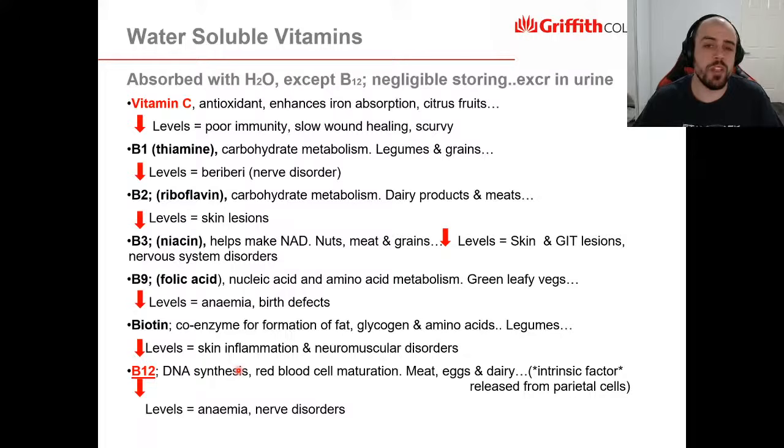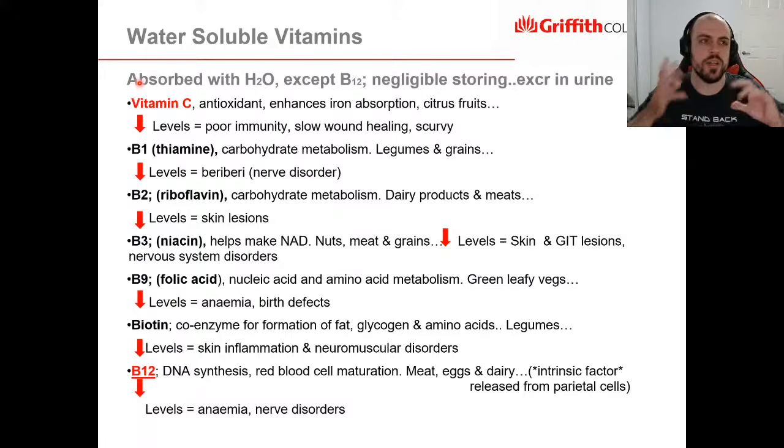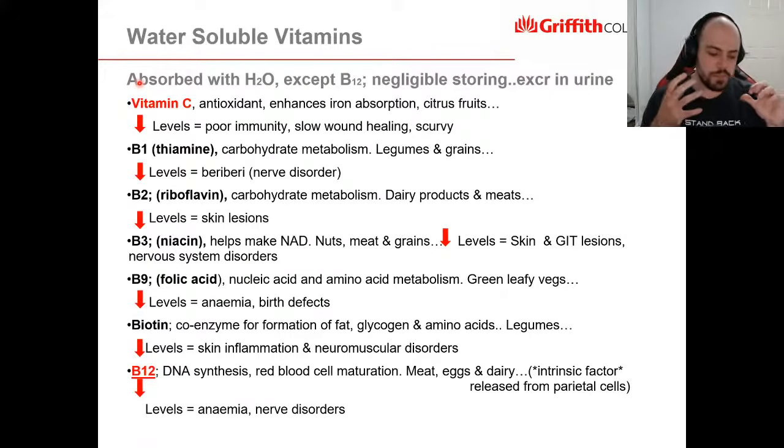The big one I just want you to be aware of is vitamin C. Vitamin C works as a coenzyme to help proline get converted into, I think it's hydroxyproline, and what that does is essentially help hold a lot of our connective tissue together. And if we don't have that, that's where we get scurvy. So it affects wound healing and holding those key connective tissues together.